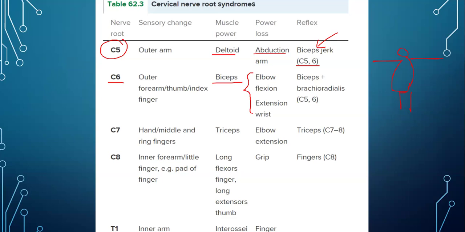So if someone has C6 radiculopathy, they can have lack of power with elbow flexion and wrist extension. C7, as we talked about, middle finger is the main part of C7, but C7 supplies the triceps muscle, and C7 helps with elbow extension. And triceps jerk, the root value is C7 and C8.